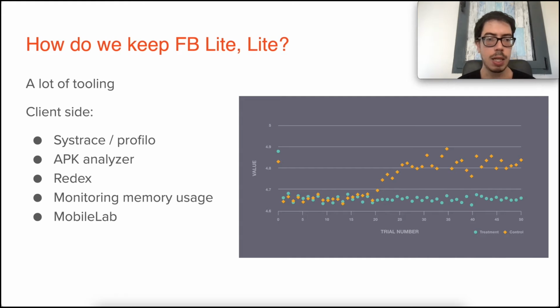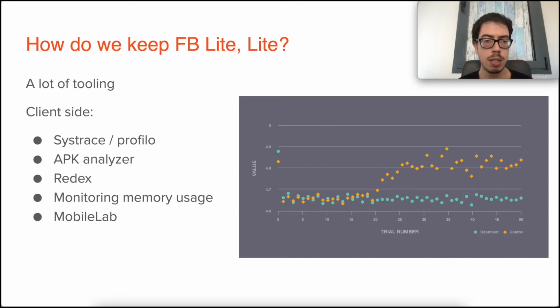We have the APK analyzer, which allows us to look inside the APK and understand what contributes to our APK size. This allows us to both find opportunities to reduce our APK size, and also to understand when we see a regression in our APK size, what contributed to that regression.